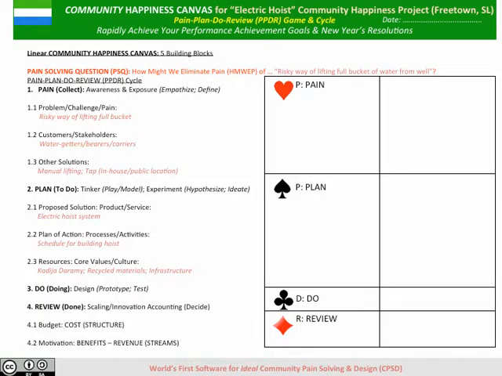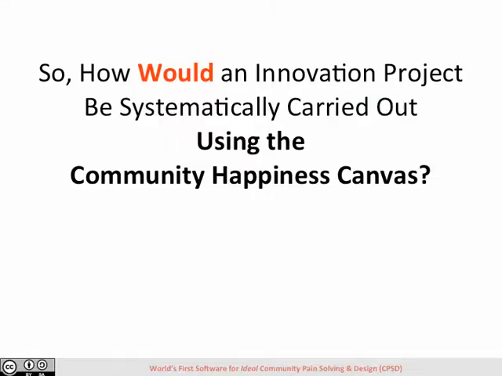You can also use the community happiness canvas to add notes to any project, and you can also use this window which reflects the 4 building blocks of the pain, plan, do, review cycle to add other methods or ideas or to make comparisons.